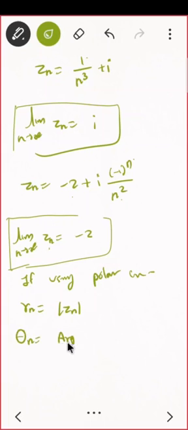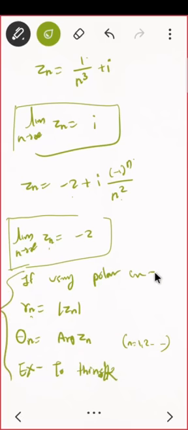See, I'm writing capital A, so it is the principal argument, for n equal to say 1, 2, 3. Think about whether Rn and theta n converge or not. Exercise to think. We'll discuss this in the next lecture. Check whether, if your sequence is convergent, your Rn and theta n also converge or not.